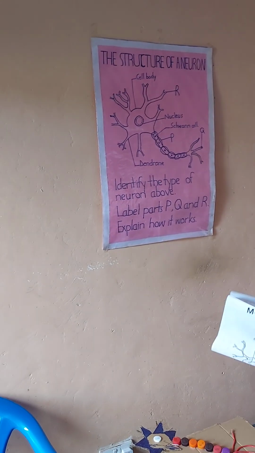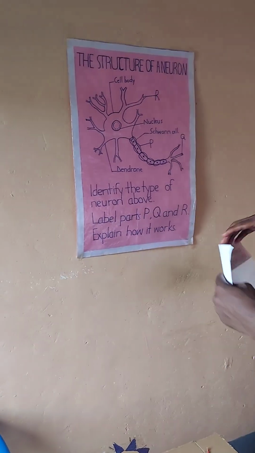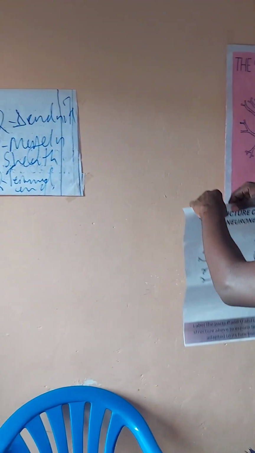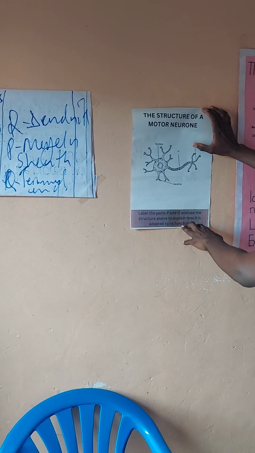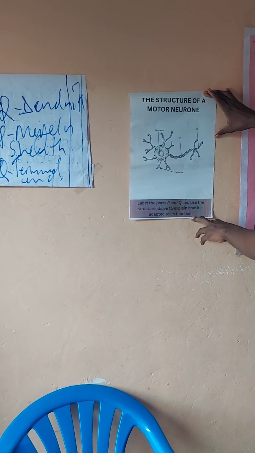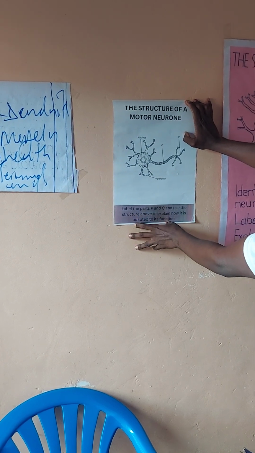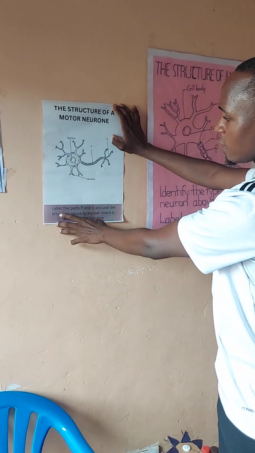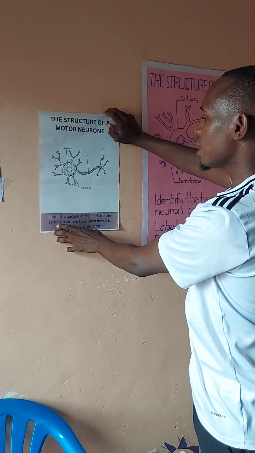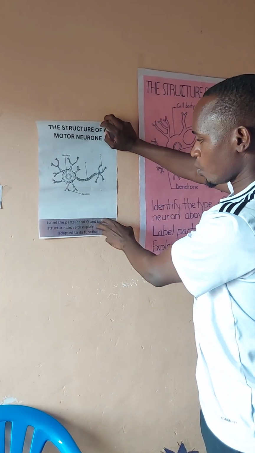Now, from that, you've identified parts of the neurons. Now this is the structure of the motor neuron, like you've identified earlier. Here we are saying label P and Q, and you've labeled very well.